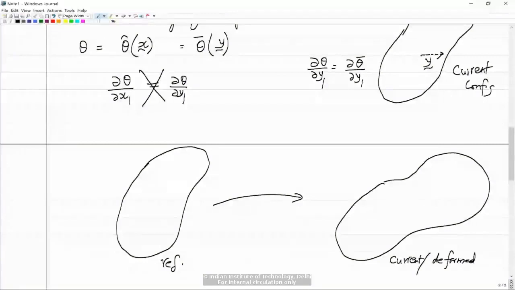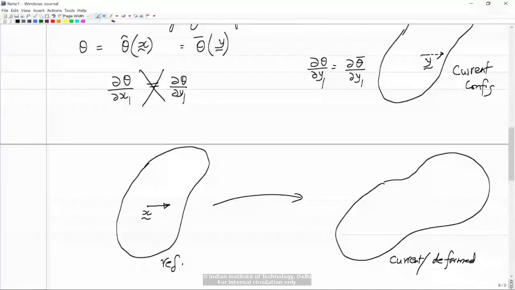Suppose in the reference configuration you move along E1, just think of an engraved line in the body at the point X, moving along E1.